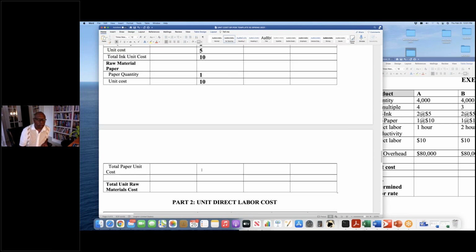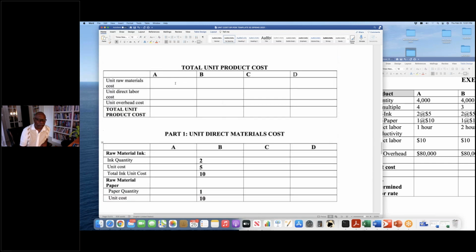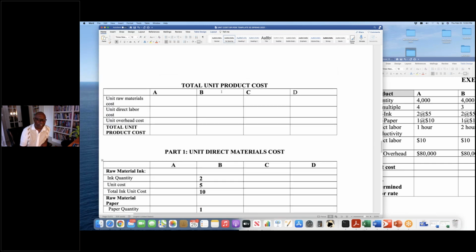So the total was 10 again. So what then is our total raw materials cost? 20. What we're going to do with the 20? Take it down to the total unit product cost chart. Okay, that's where we're going.